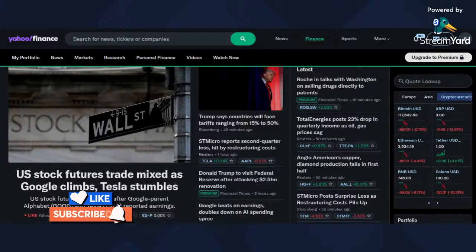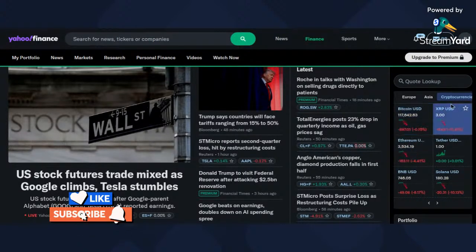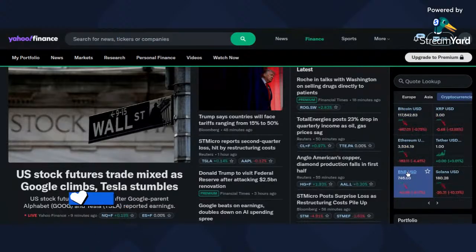It looks like all the cryptocurrencies, at least the major players, are being smashed in terms of negative futures: Bitcoin, Ripple, Ethereum, Solana, and Binance Coin.